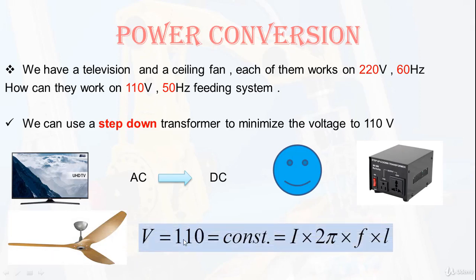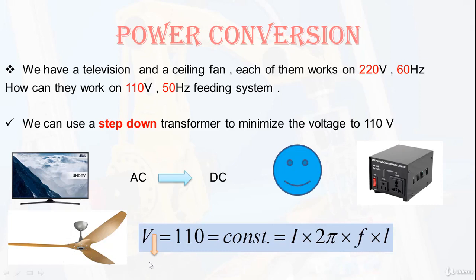But why? Because when the voltage is decreased, here we have decreased the voltage from 220 volts to 110 volts. And the voltage equation is V equals the current times 2 pi times the frequency times the inductance of our load. So here in this condition, it will be the inductance of the coils of our fan.